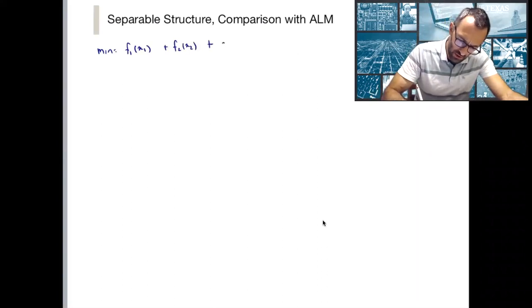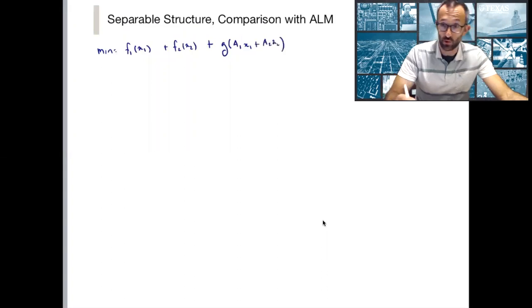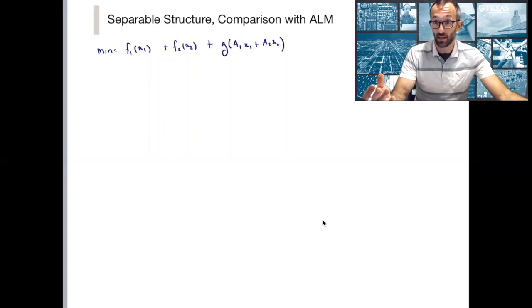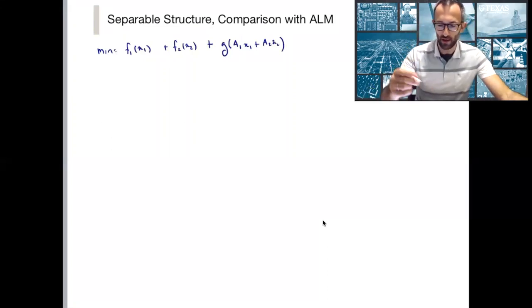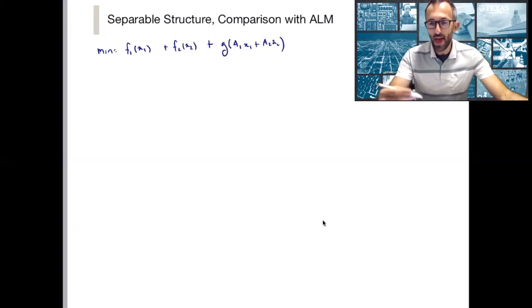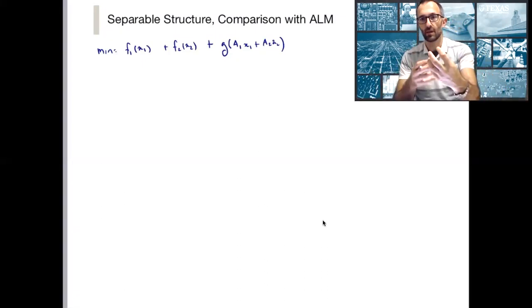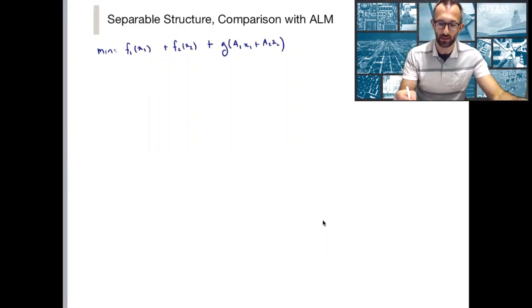Plus my g function, which is going to be g of A1 x1 plus A2 x2. So this also has separable structure. But of course, if you just write g of A x, and x is split into blocks, then you can always write it like this. So this is really not any assumption on g.